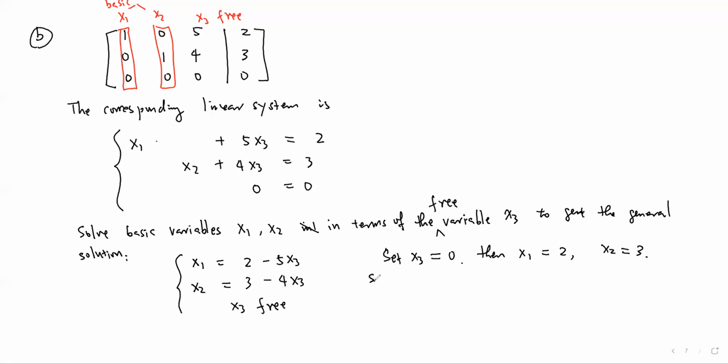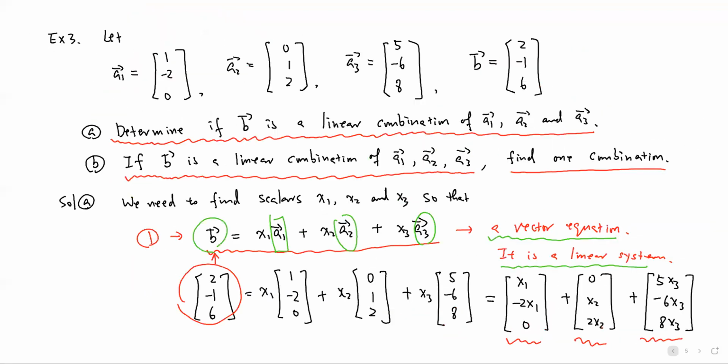So one solution. The linear system has infinitely many solutions. One solution is x1 is 2, x2 is 3, x3 is 0.